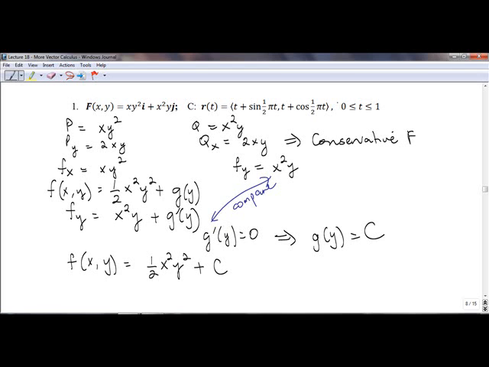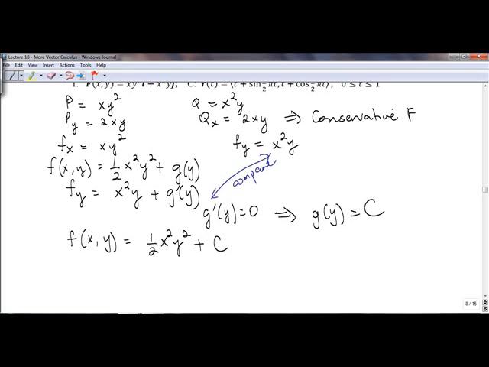So how are we going to find the starting point? Plug in t equals 0 into the path. That will give you the starting point. And to find the ending point, put 1 into the path.